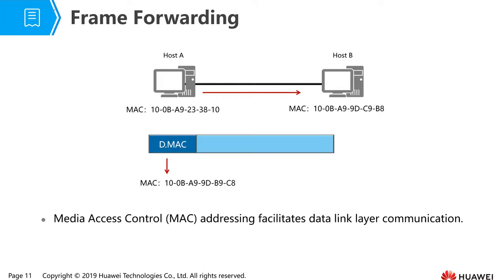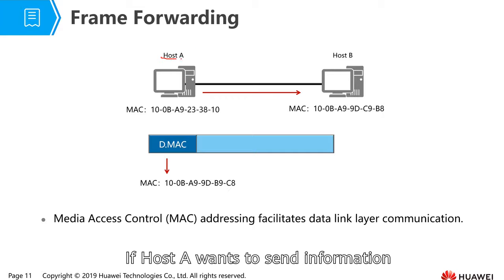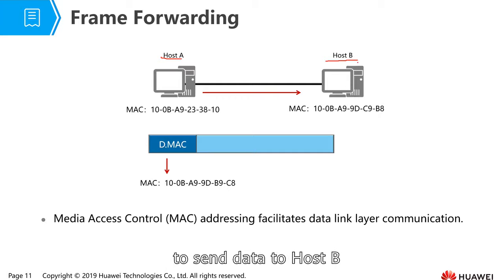And then the frame forwarding. Now we have the frame. If host A wants to send data to host B, it uses the Ethernet frame.